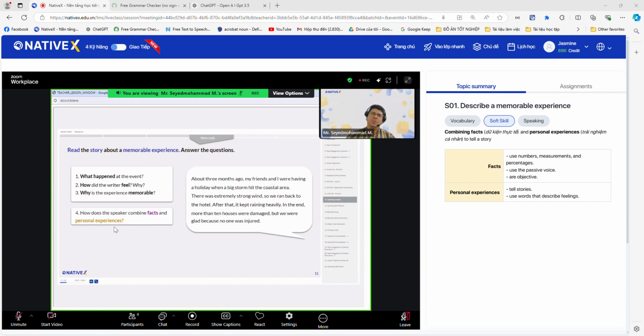The speaker combines facts and personal experience by describing the event with a big storm and strong wind, and how he or she reacts to that event.